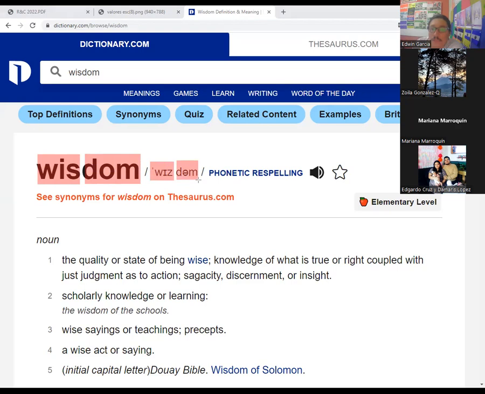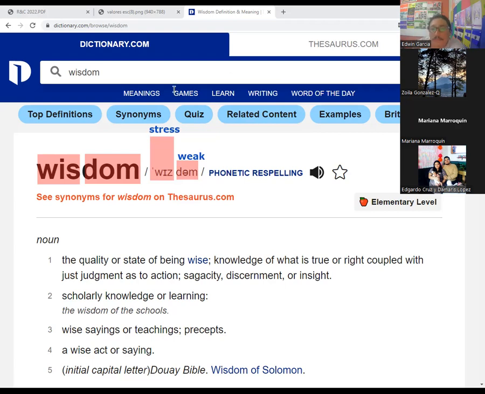But remember, in this case, this part is the stressed syllable. That means we have to use stress here. This is the stressed syllable, and this is the weak syllable. And we have to say it like wisdom, wisdom, wisdom.